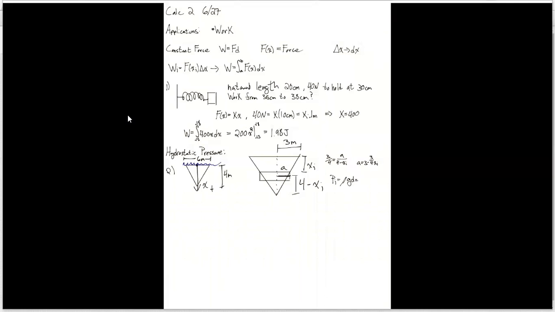Now this d is basically this delta x, right? But what we can do is we know that the force, so I'm going to say Fi here, the force on this little segment is rho g d, and then the area of this rectangle.